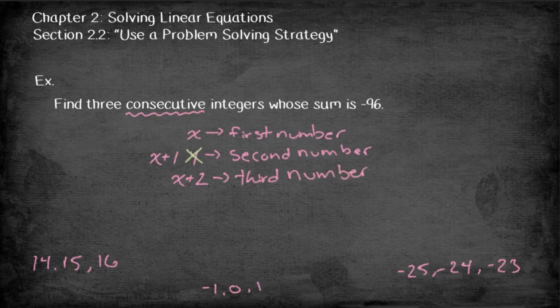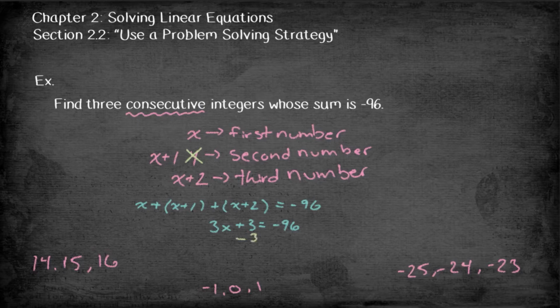So when I add x plus x plus 1 plus x plus 2, I'm supposed to get negative 96. After collecting like terms, I have that 3x plus 3 equals negative 96.